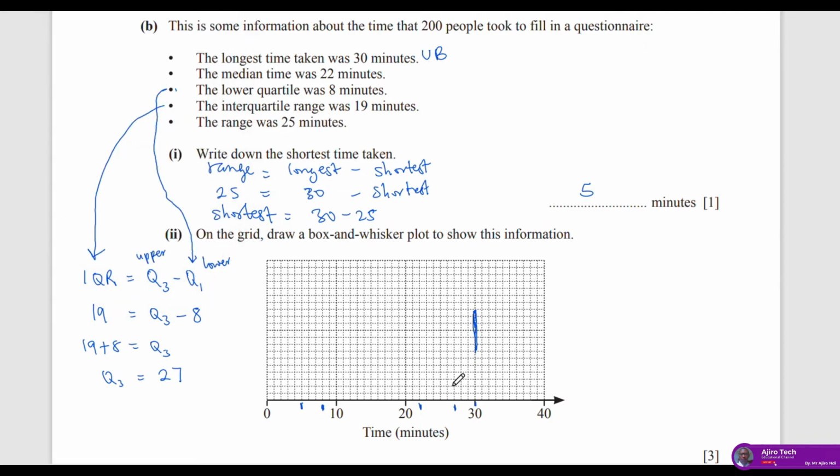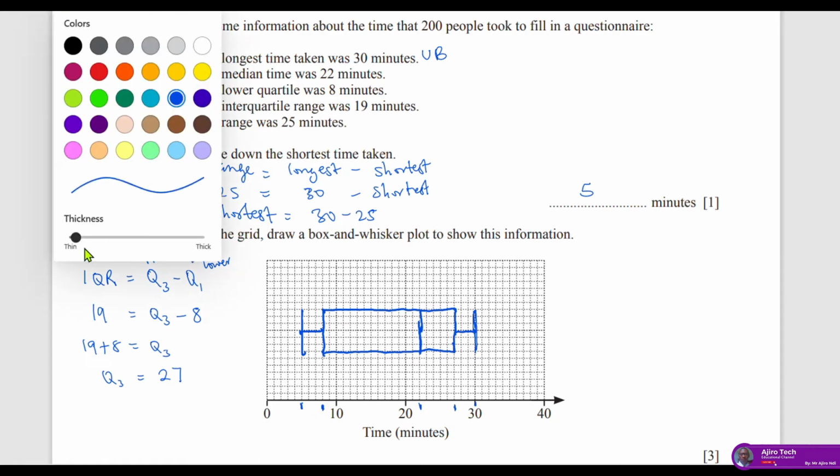And then I have this line, just draw this line that you have marked. And this one, draw it like this, and this one, draw it like this. And then you have your values. Connect this at the middle, and the box and whisker plot is plotted.